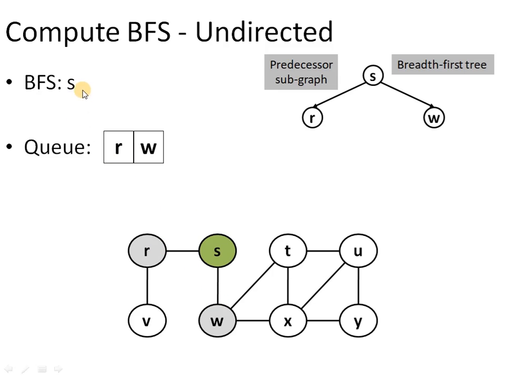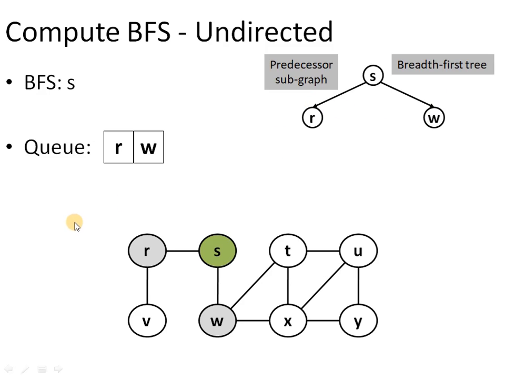We have dequeued S and added it to BFS, and then we have enqueued R as well as W in the queue, and we have also marked these vertices to identify that we have visited them. As far as the breadth first tree is concerned, we are reaching R as well as W directly from S, so they should be present at the same level.